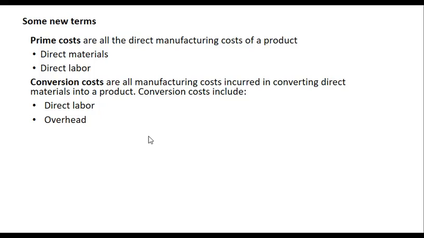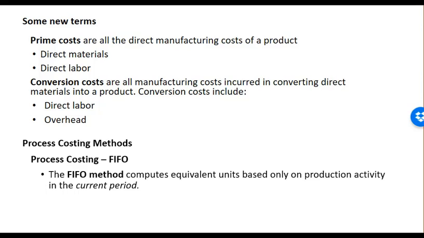Now, as we go through the process costing demonstration, I want to introduce you to the two major types of process costing we're going to be exposed to. The first one is called process costing utilizing the FIFO method.